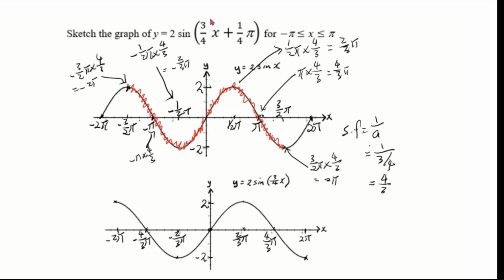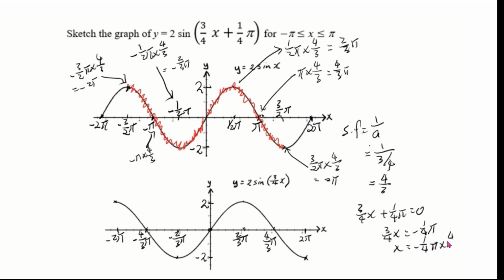Next we need to continue to the graph of 2 sine of 3 over 4x plus 1 over 4 pi. So this one means we need to carry out the translation either to the left or to the right. To determine this, we set this value to 0 and then find the value of x.